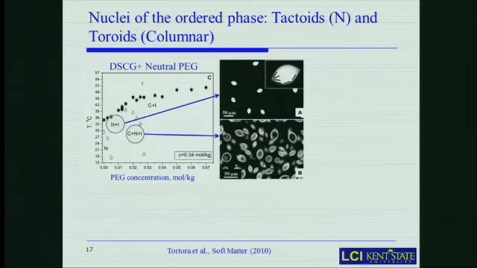But let's just move to the behavior of chromonics in phase transition. So here you see something that is reminiscent of Bernal and Fankuchen experiments. When you change the temperature and the nematic phase appears from the isotropic melt, you might see that the nuclei are of elongated shape. If the concentration of the material is high, then not only do you observe tectoids, but sometimes you observe toroidal nuclei.